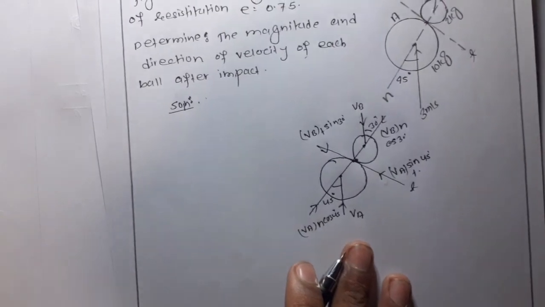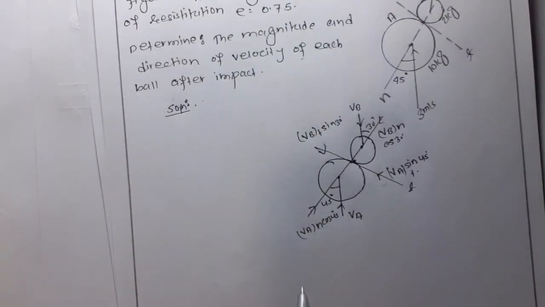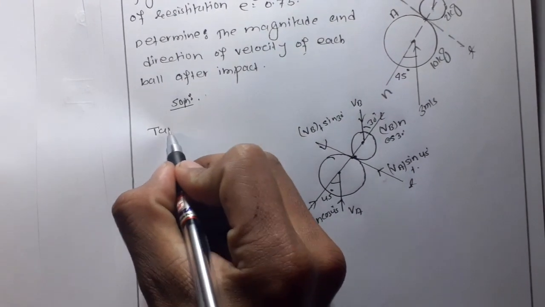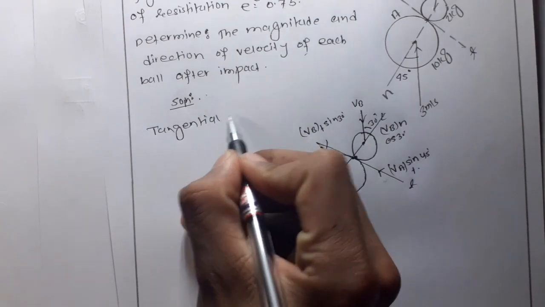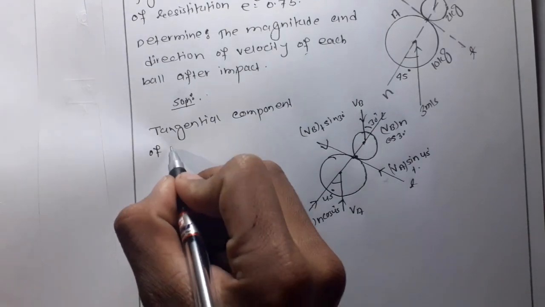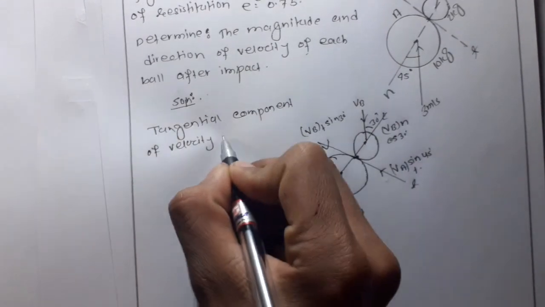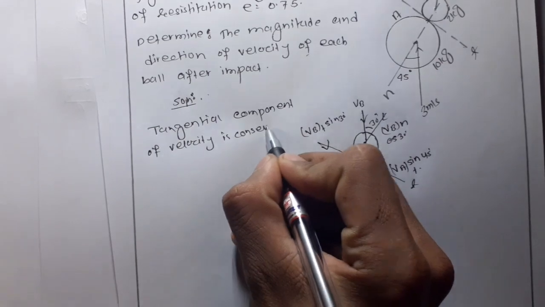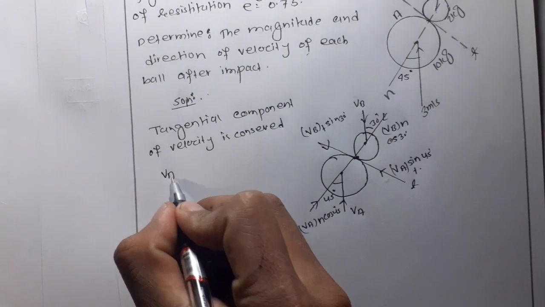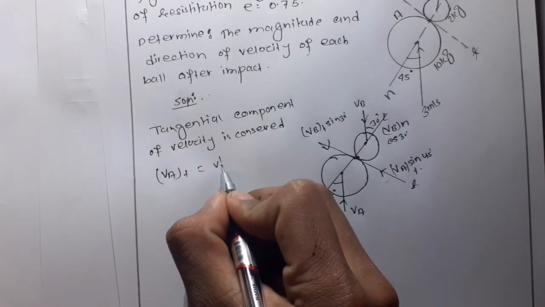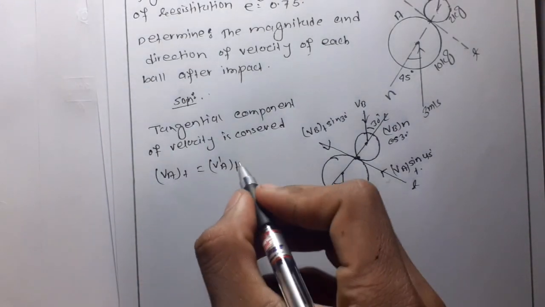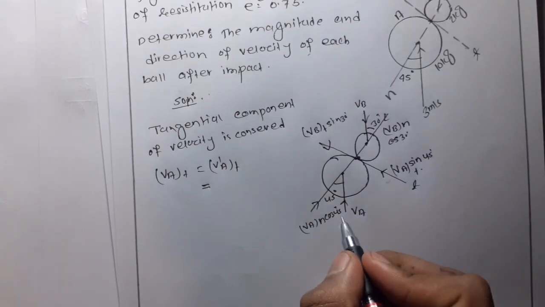Now we know in the case of oblique impact the tangential component of velocity is conserved. That means vAT is equal to v'AT, that means initial velocity is equal to final velocity.